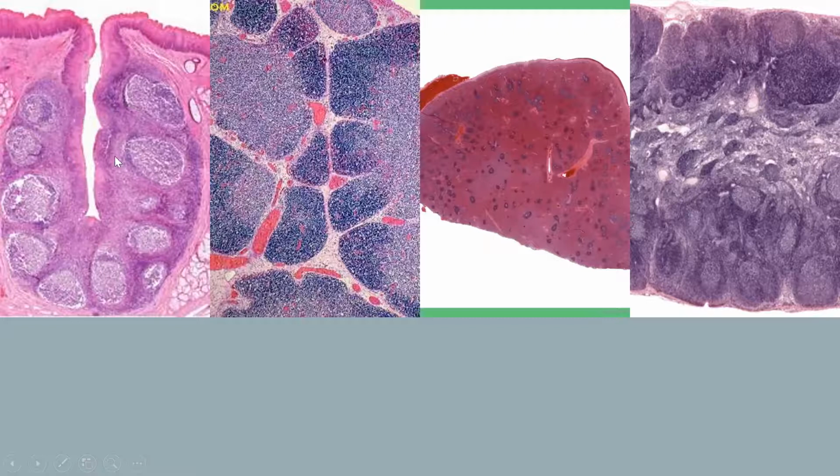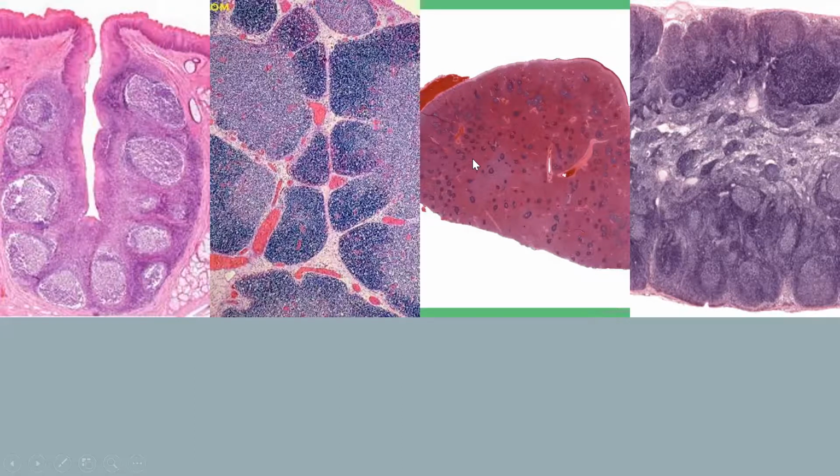Around the crypt, you can see lymphatic follicles. The next picture is the thymus, because you have compartments, you have a lobule, and in each lobule, you have a darker part, which is cortex, and a lighter part, which is medulla.